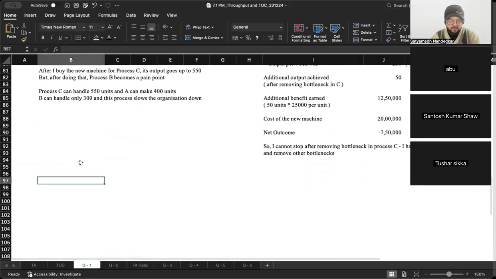So this is step 2 in bottleneck analysis.